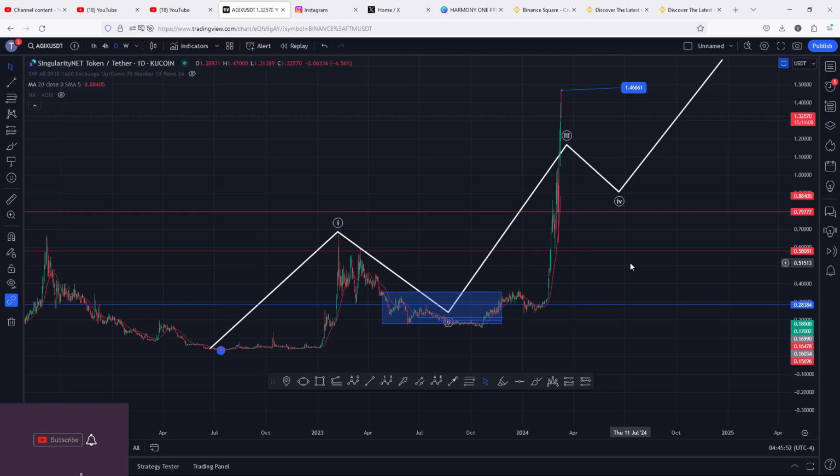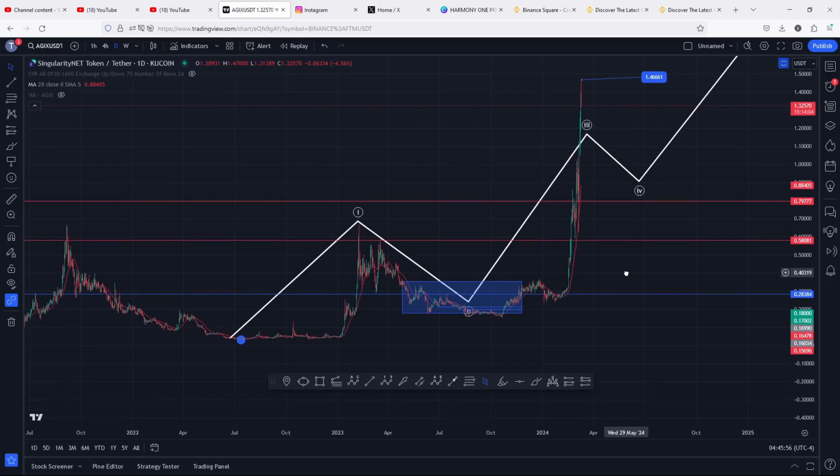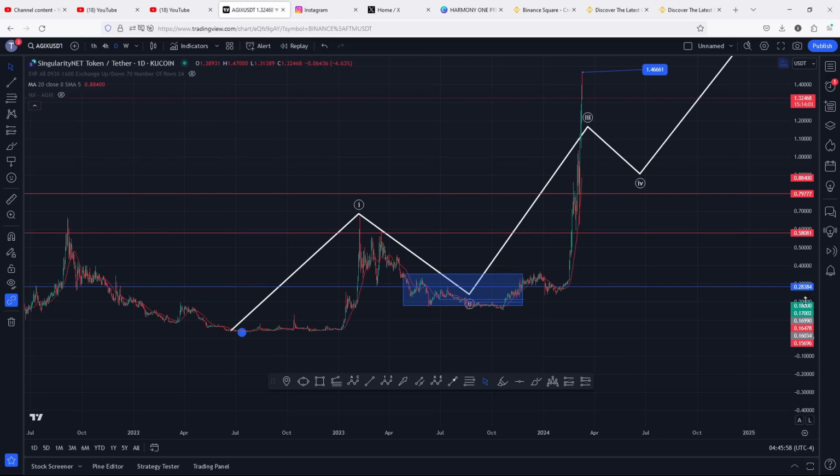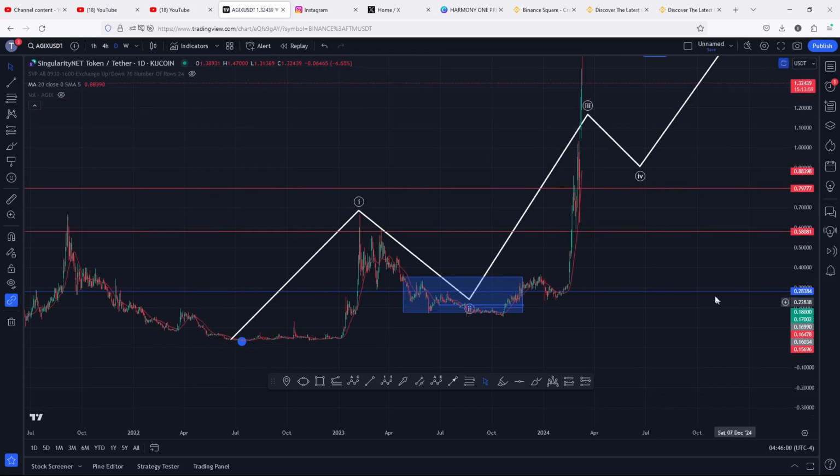In this video, basing my analysis on the Elliott structures, I will give you my next target areas, starting the video here on the daily chart by first giving you a recap of what has been happening. You can see that AGIX back in 2020 gave us these significant lows, so much of a consolidation, then a breakout to the upside, giving us a high above the 0.67, completing the formation of this Elliott wave count 1 to the upper side.